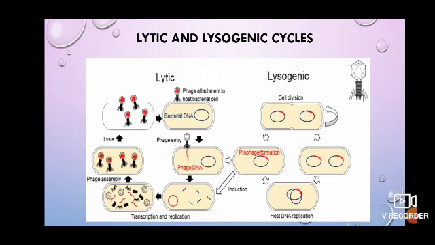Now the genome is inside the bacterial cell. The double-stranded DNA of the T4 phage has entered the cytoplasm of the bacterial cell. After penetration, the empty capsid that remains outside the bacterium is called a ghost or doughnut.